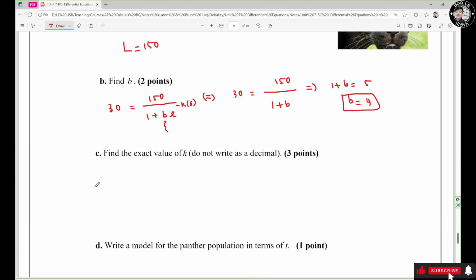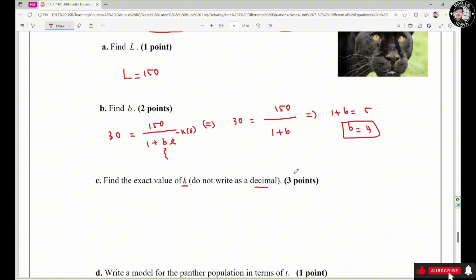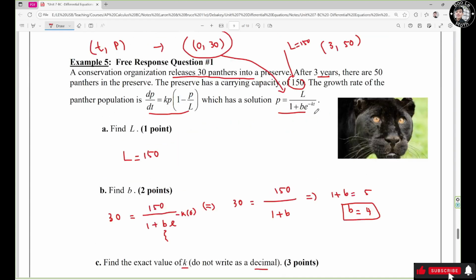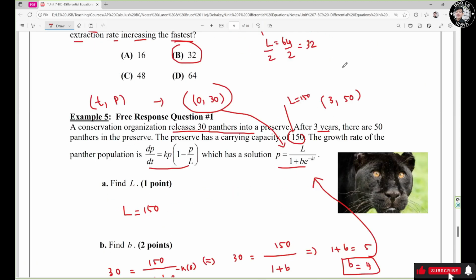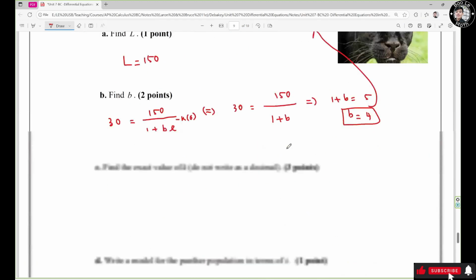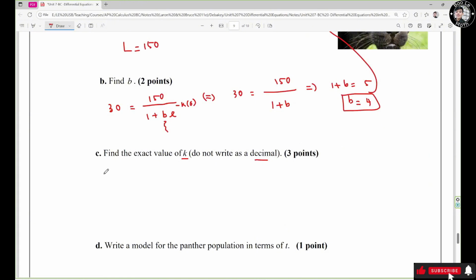Now let's move on to question C. Find the exact value of k. Do not write it as a decimal. We're going to substitute B back over here and use the ordered pair (3, 50). We have the formula P equals L over (1 plus B times e raised to the negative k times t).